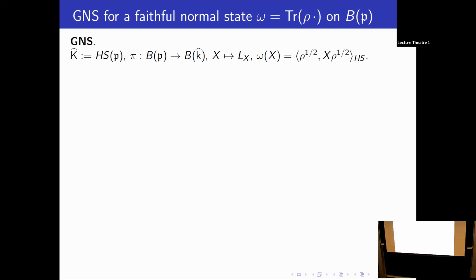So the message for the end of this talk is how the GNS construction, the representation associated with a faithful normal state on what I'm calling a particle algebra P, delivers the structure of the previous slide.